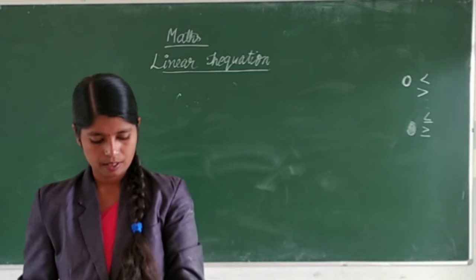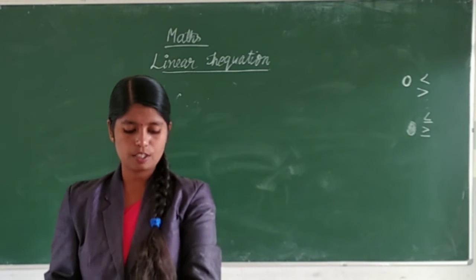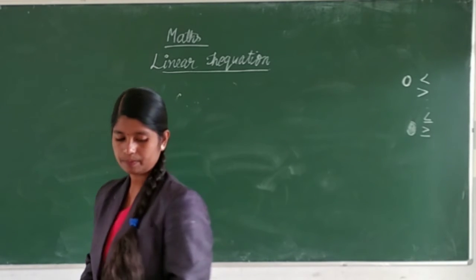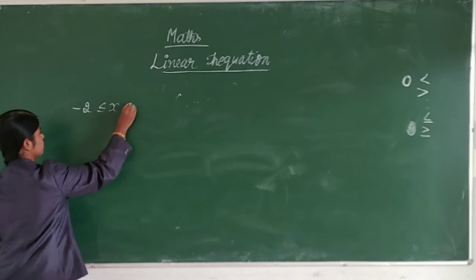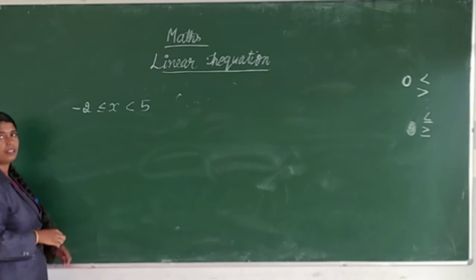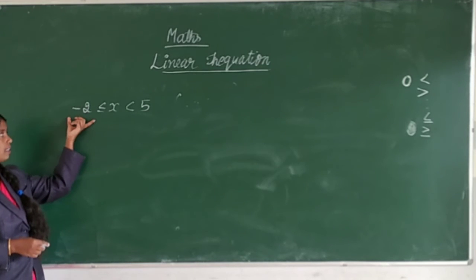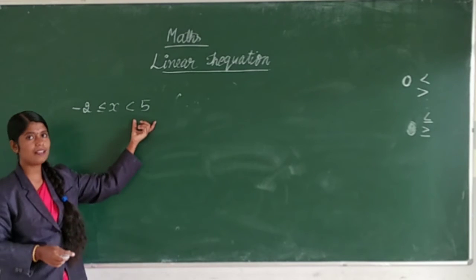Okay. Next, fifth one. Minus 2 less than or equal to x less than 5. Here, the same way as the previous one, x is greater than or equal to minus 2 and less than 5.